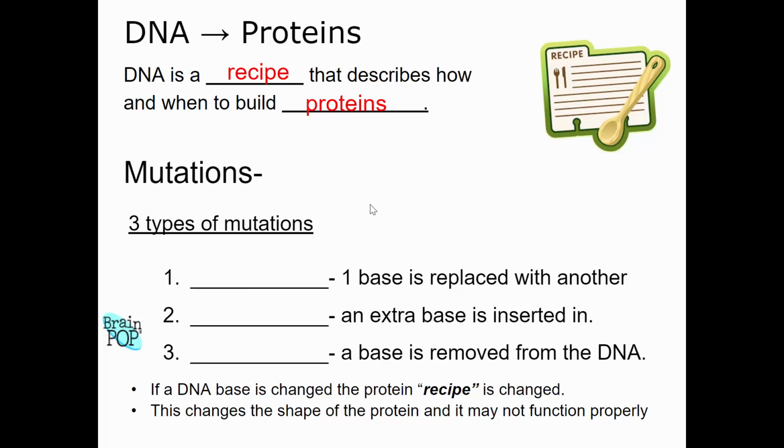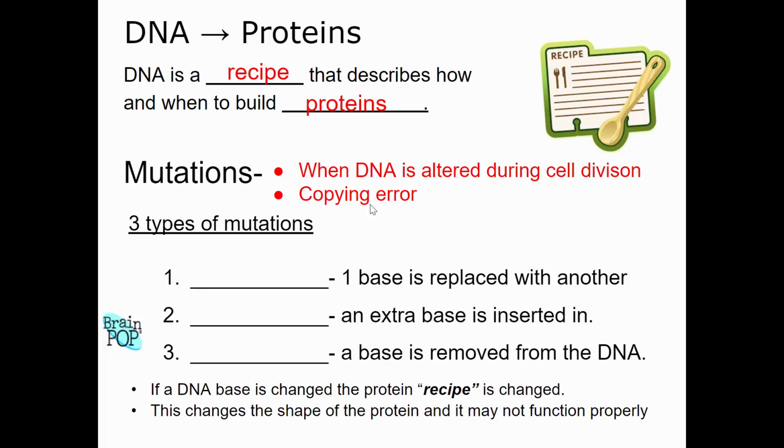There are 3 types of mutations. A mutation is when the DNA is changed or altered. Sometimes one letter of the DNA is replaced with another letter. That's called a substitution mutation.